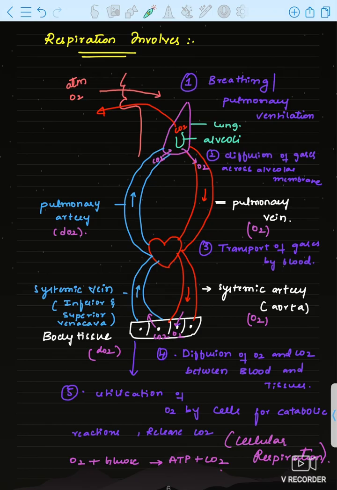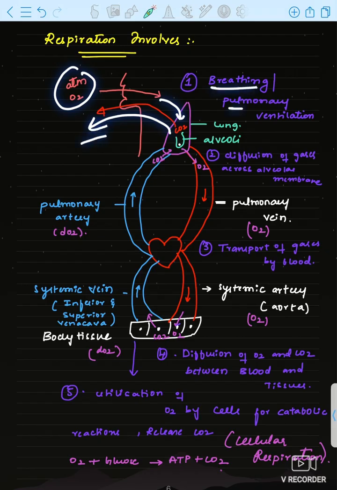I will tell it quickly once again in brief. Just remember these steps. I explained them in whole because we will learn the same process in the next slides, where you will understand still better. Respiration involves, first, breathing or pulmonary ventilation: atmospheric O2 is taken in by the lung and CO2 from the lung is released outside.